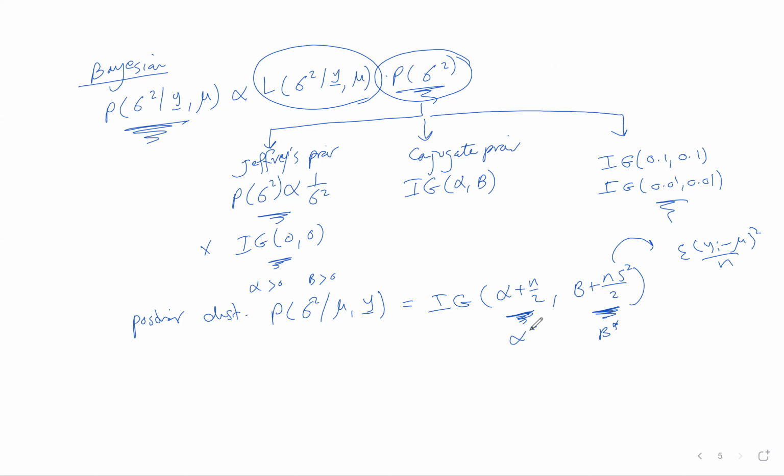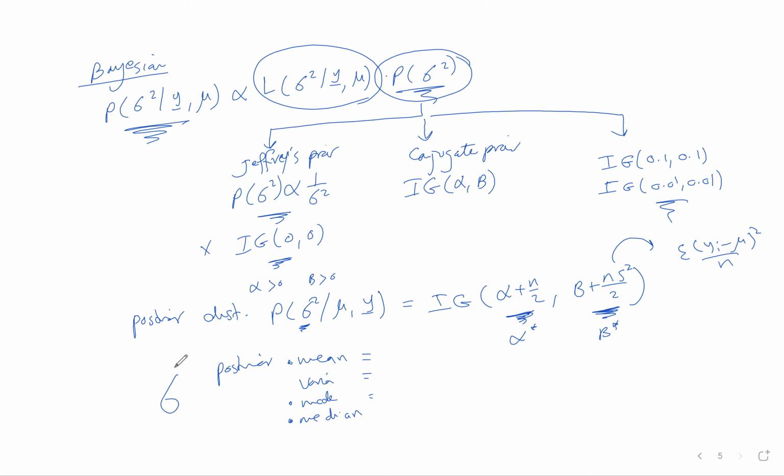Now if I would like to estimate the population variance sigma square by the posterior mean, there is a formula. For the posterior variance, there is a formula. Posterior mode, there is a formula. Posterior median, there is a formula. So mean, mode, median, those are the three methods for estimating sigma square.